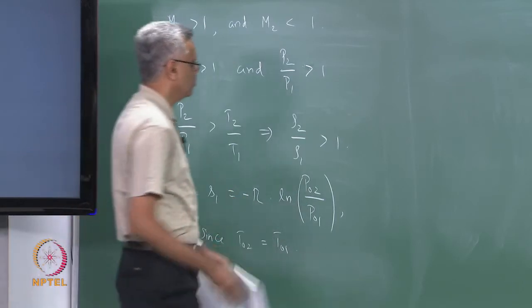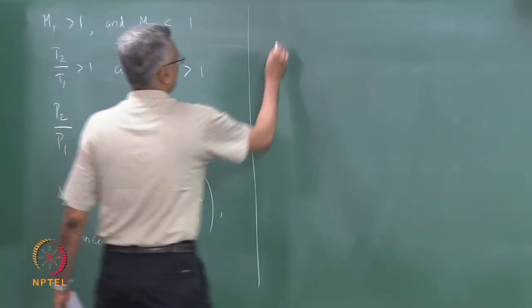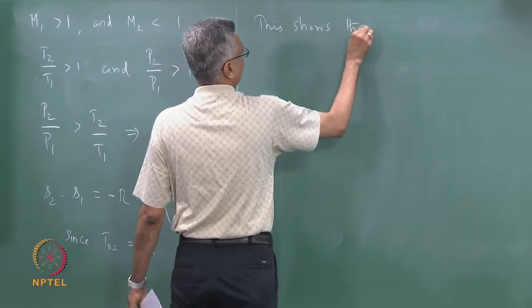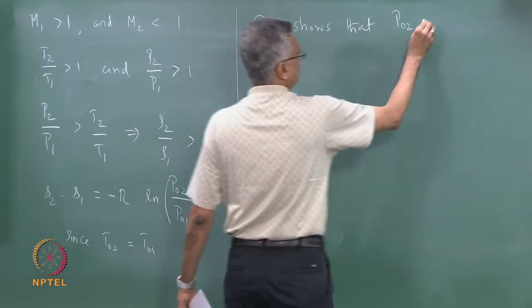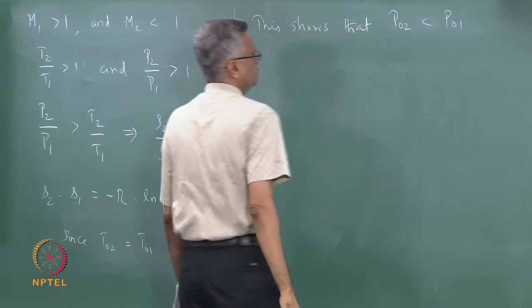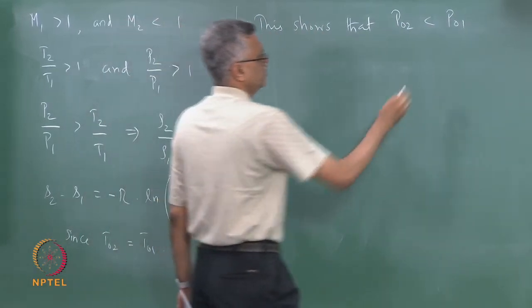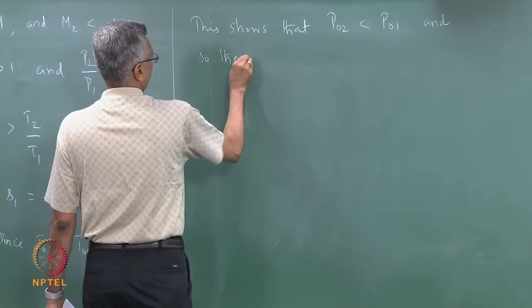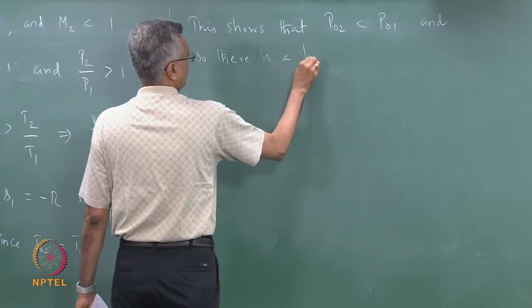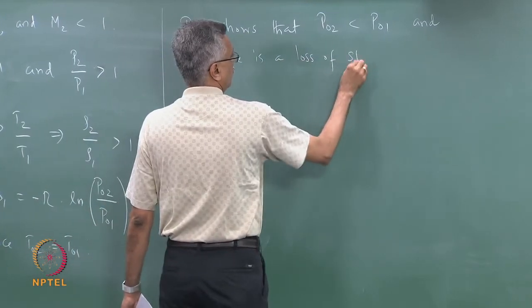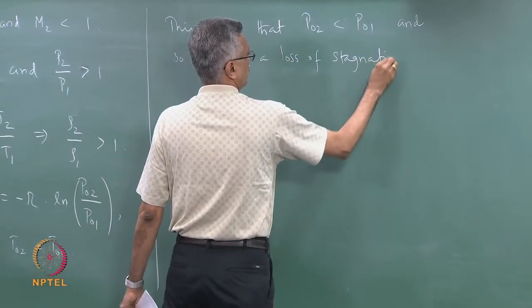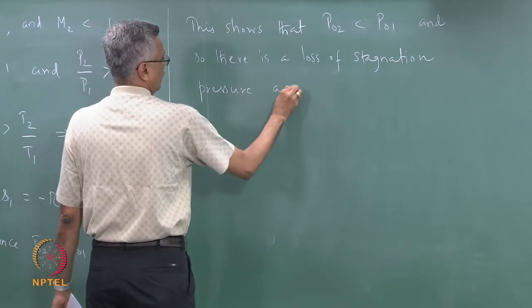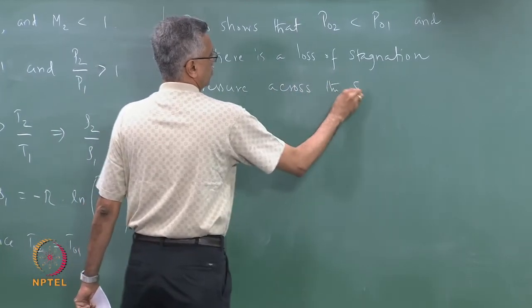So, there is a loss of stagnation pressure across the shock wave. So, this shows that P02 is less than P01, and so across the shock wave.